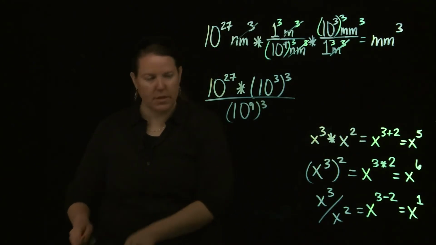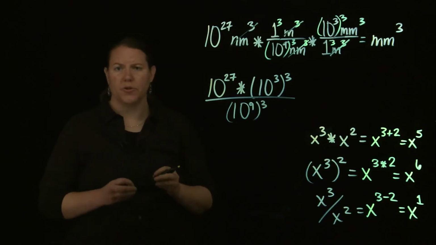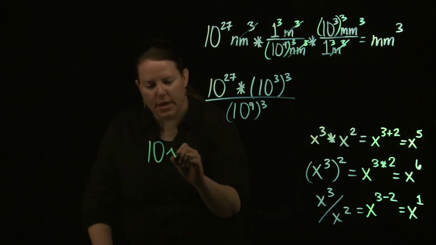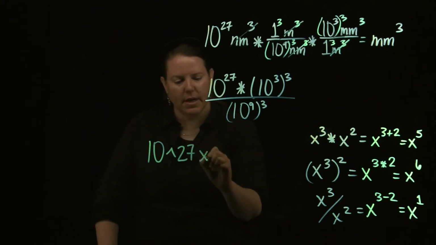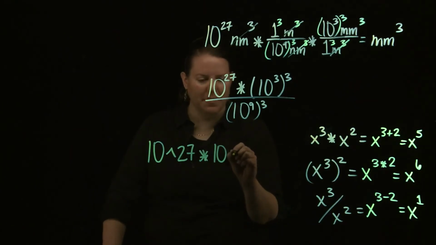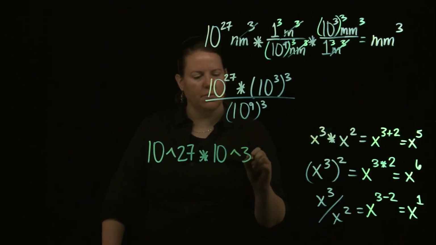All right, so let's look at that. You could, of course, plug this into your calculator if you'd like to. The way you would plug it in is you would put 10 up caret 27 times 10, I wonder if you can do that. Can you do 10 up caret 3 up caret 3? Maybe.